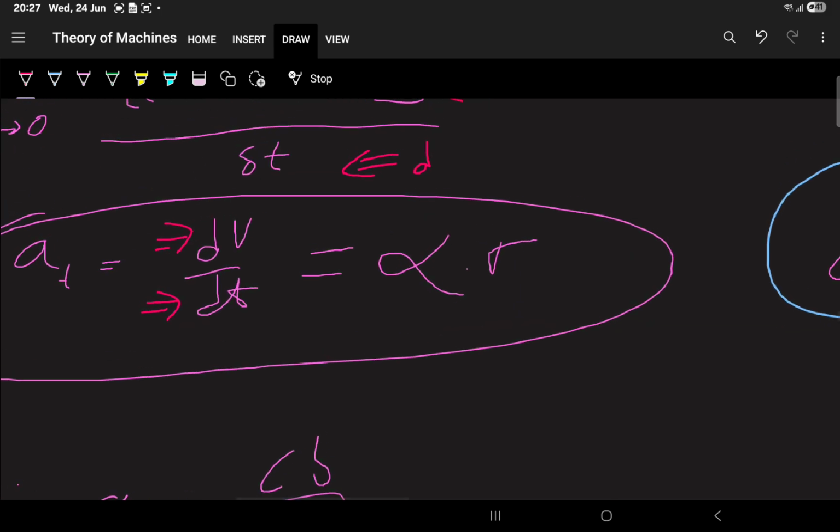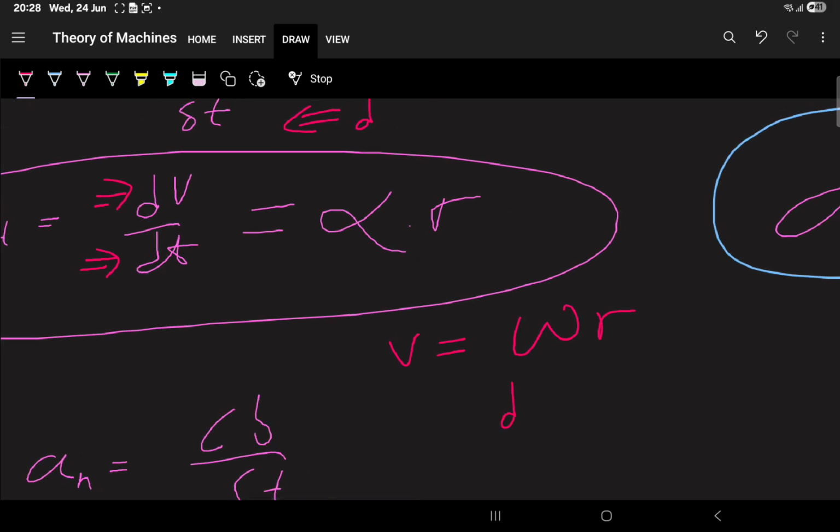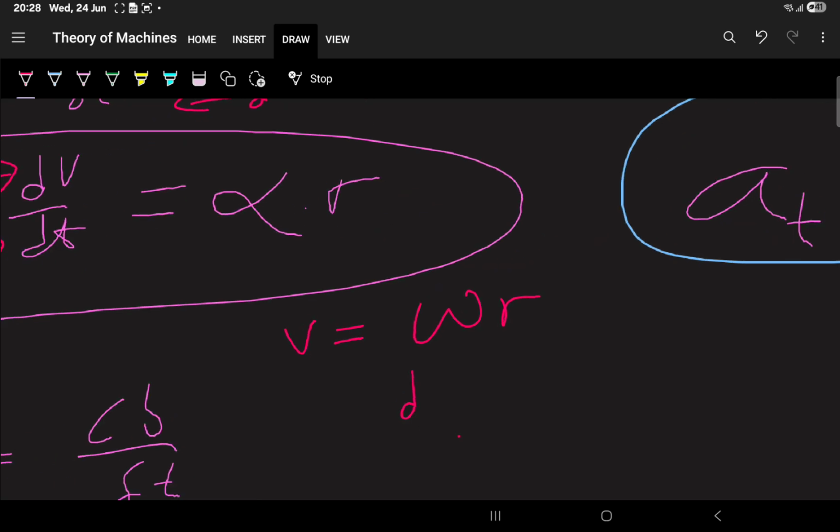Now we know that v equals omega r, so this is simply d of omega r divided by dt.